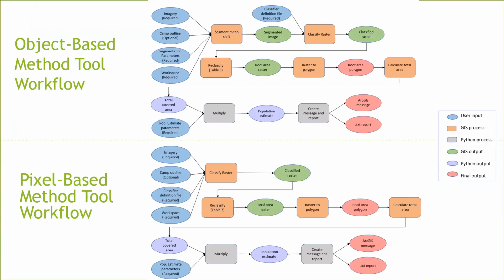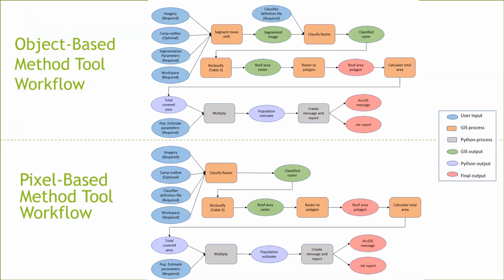Then the toolkit will create a polygon identifying the roof areas within the camps that will be used to calculate the total area, which will be multiplied by the population parameters to derive the image-based population estimates for the camp.